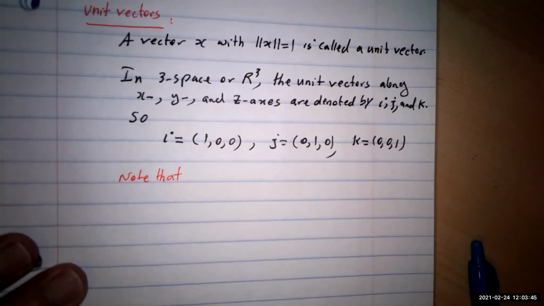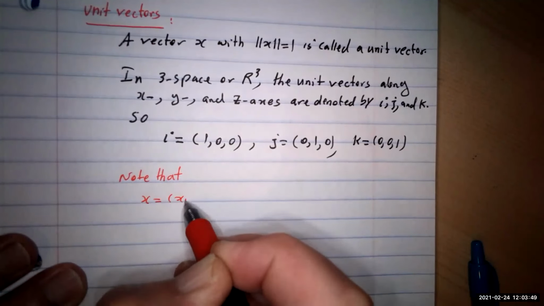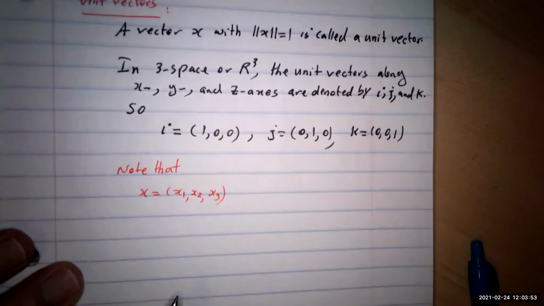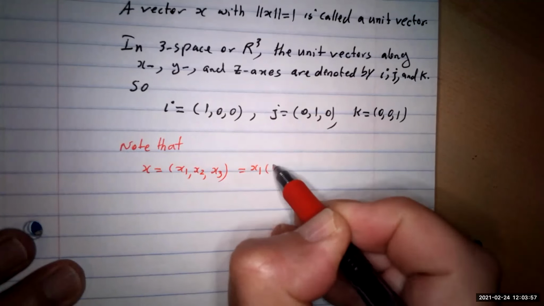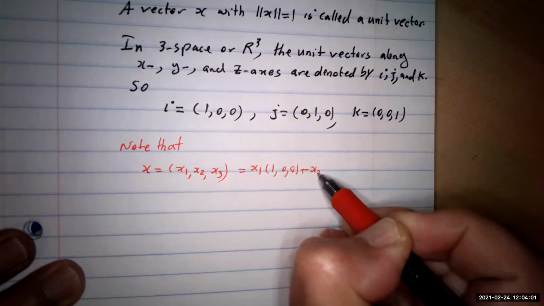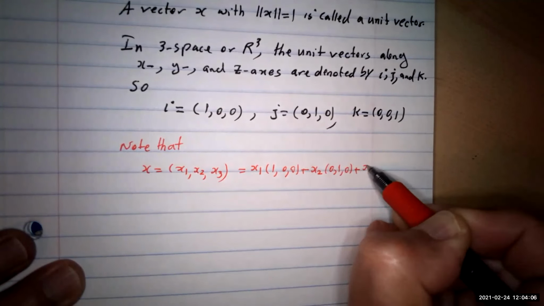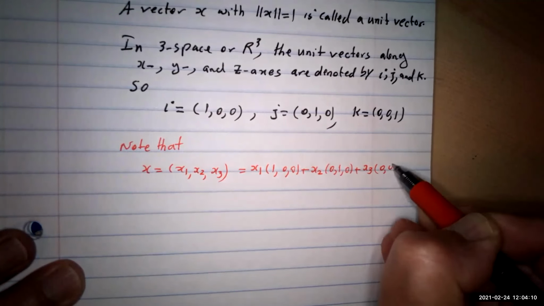Note that if you have the vector x, which is (x1, x2, x3), we can rewrite it as x1 times (1, 0, 0), plus x2 times (0, 1, 0), plus x3 times (0, 0, 1).